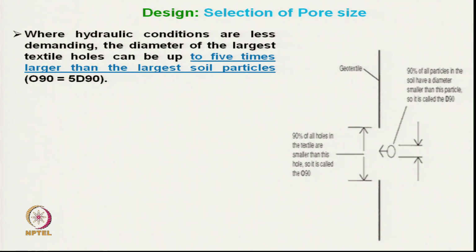Similarly, D90 means 90% of the particles are of diameter D90 or less. So, at lower hydraulic condition, the relationship between O90 and D90 is that we require very large diameter of pores.